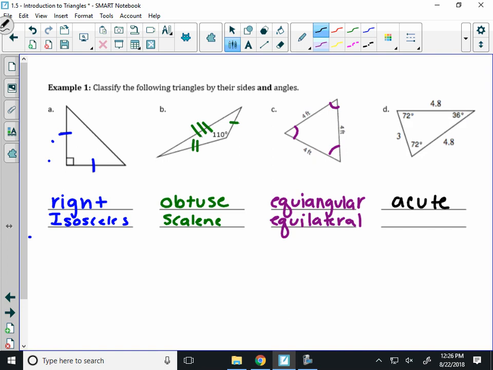How do we classify this based off the sides? Two sides are the same, two sides are 4.8, so that would make it isosceles. Very good. Okay. Questions over there?